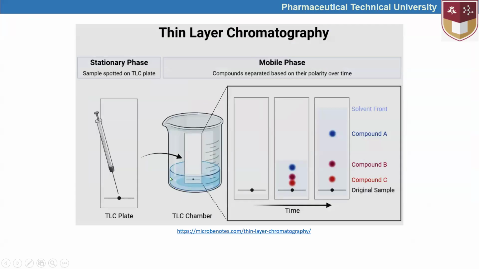And here we can see how it can be started and carried out. For example, if we have a thin layer chromatography plate, like a glass one or an iron-made one, a line is drawn and a point is appointed, and there slowly, by using a low volume syringe, we can apply the extract in as high a concentration as possible.